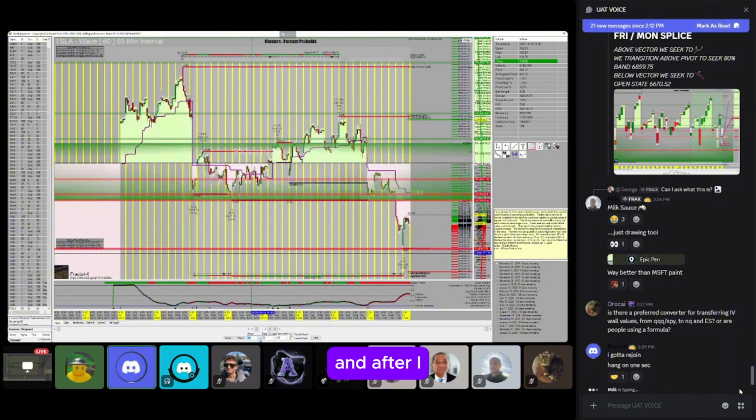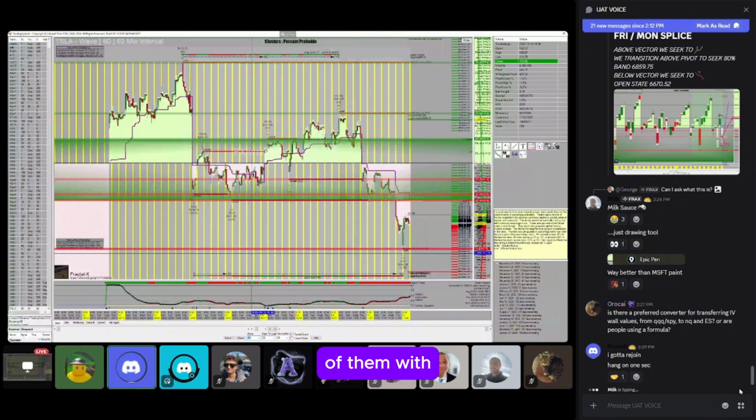After I got into options and after they started making them more affordable, I backed away from the penny stocks just because the options can move so radically. But at a certain point we need to start doing the penny stocks because we can really take advantage of them with the information we've got.